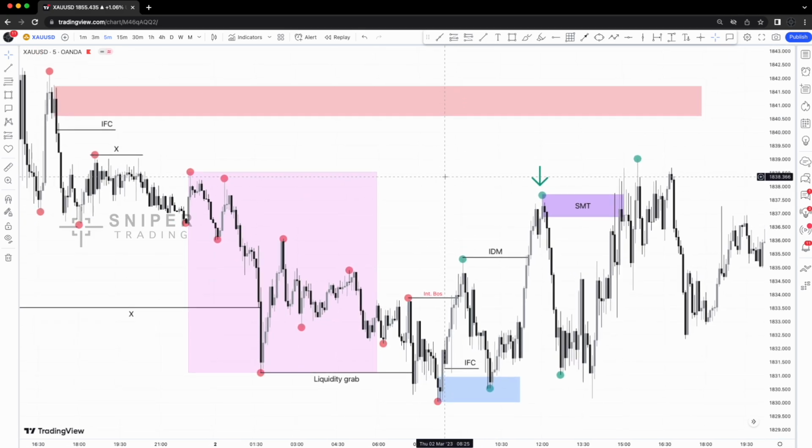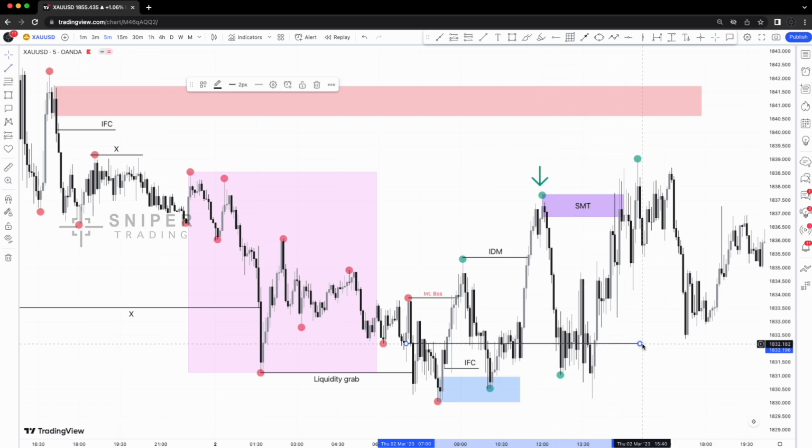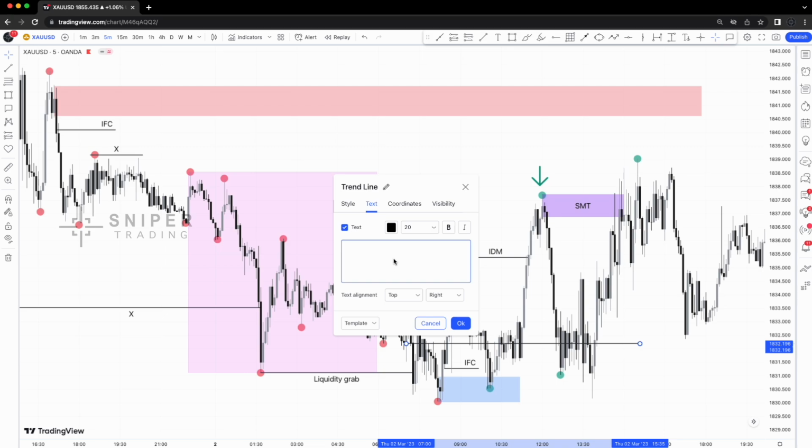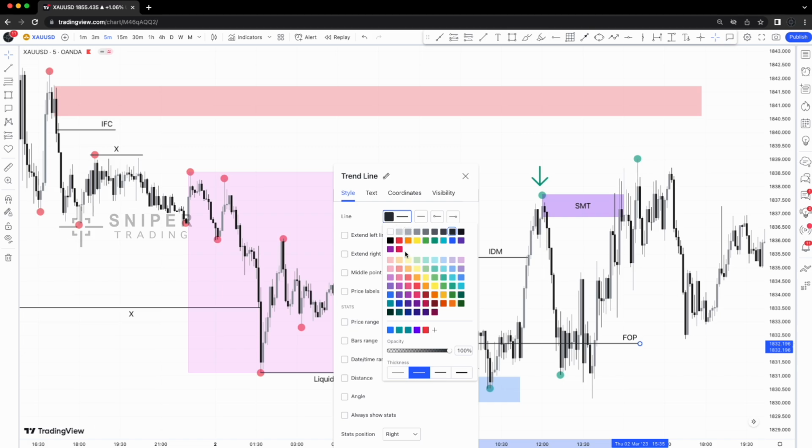Okay, and then we are going to have the Frankfurt open price line aligning from that candlestick all the way to there. And I'm going to mark it as FOP, Frankfurt open price line. I will give a red color to it.